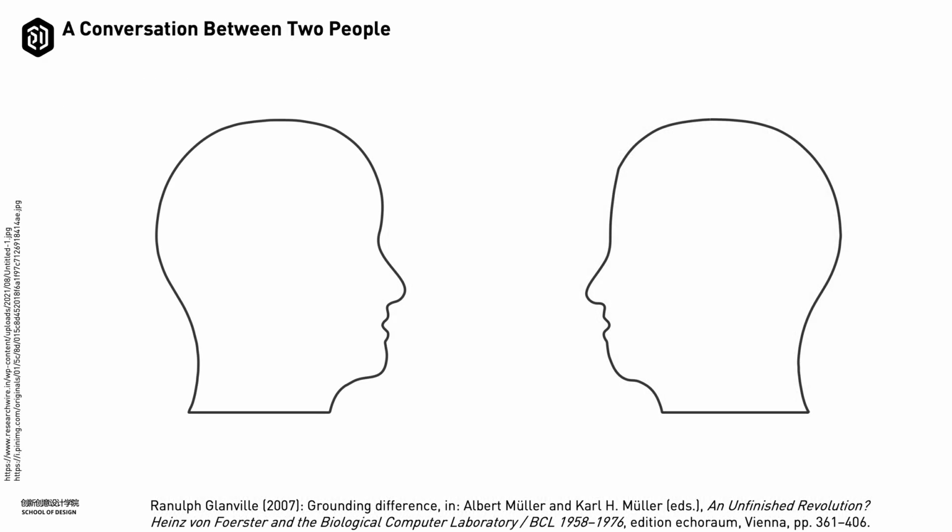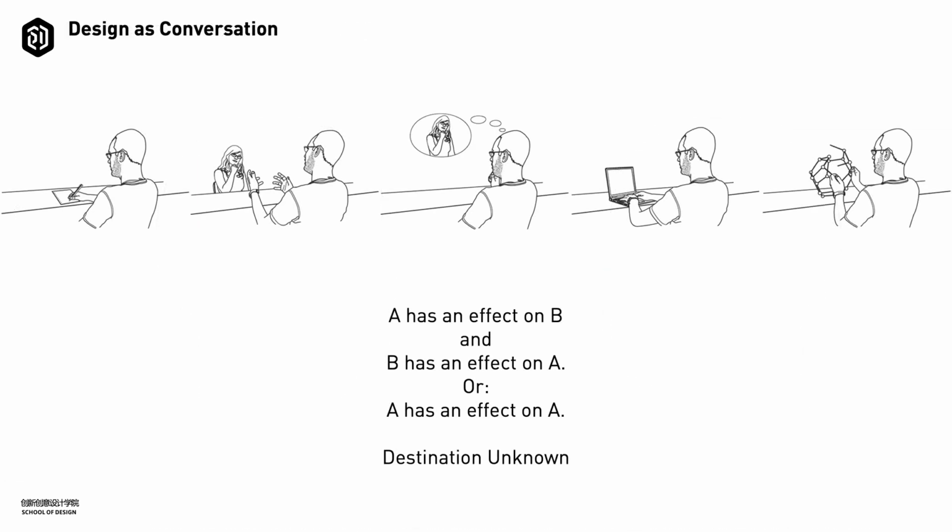So that idea of conversation can be extended to design. The two talking heads, we can call them self and other. And self is always me when I talk about myself, but other can be many different things. Whatever I engage with in my loops of acting and understanding. I could engage with sketching paper and a pen.